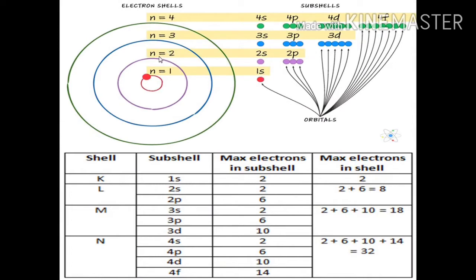The L main shell has two subshells, s and p. Then we have the M main shell which has 3 subshells, s, p and d. And we have the N main shell having 4 subshells, that is s, p, d and f.